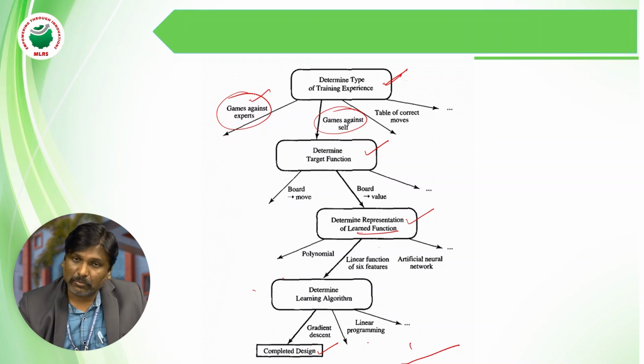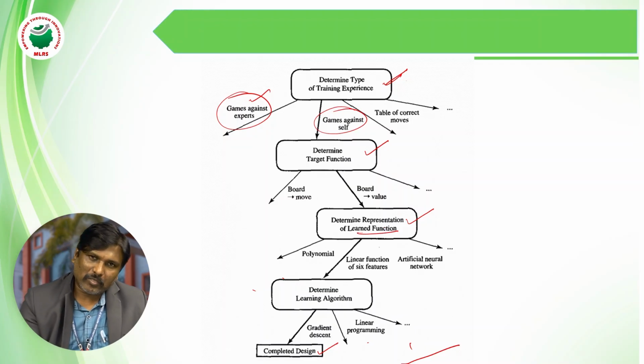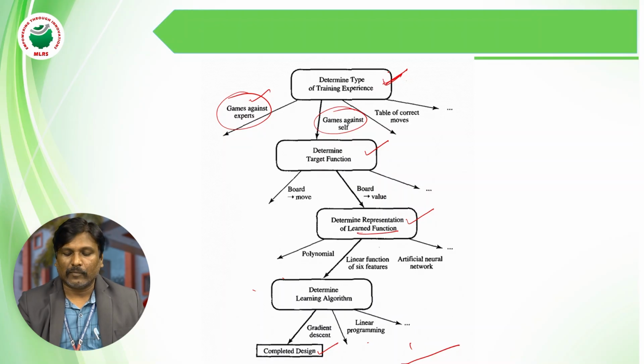Games against experts is indirect, and also how much you can control the sequence of moves with the help of the trainer, and how we can represent it to increase our performance. All of this is explained in determining the type of training experience.